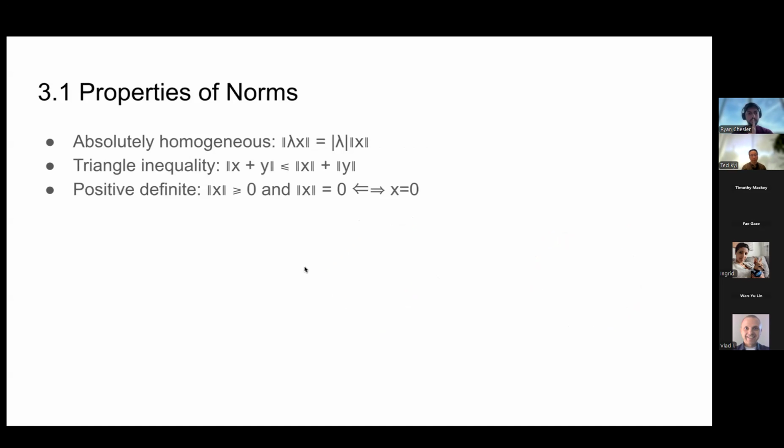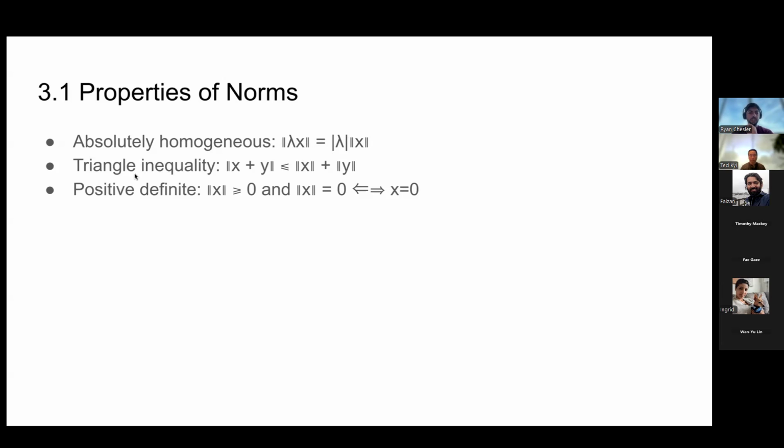Looking at the properties of norms, I'll show this in code because that means a little more to me than just the equations. They're absolutely homogeneous. This means if you multiply by some number lambda, it scales it a certain amount, and that is the same scaling inside the norm as outside the norm. We can look at that in the code in a second.